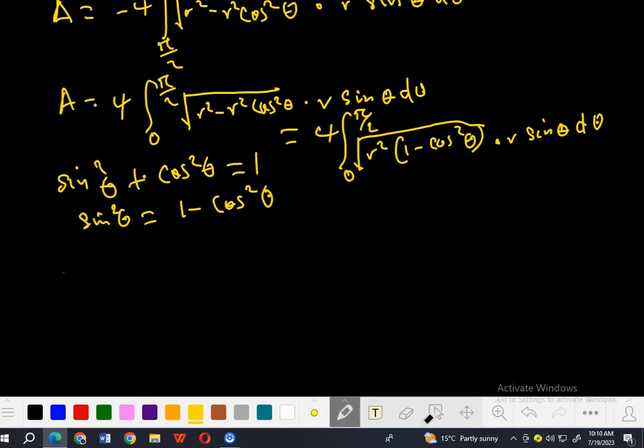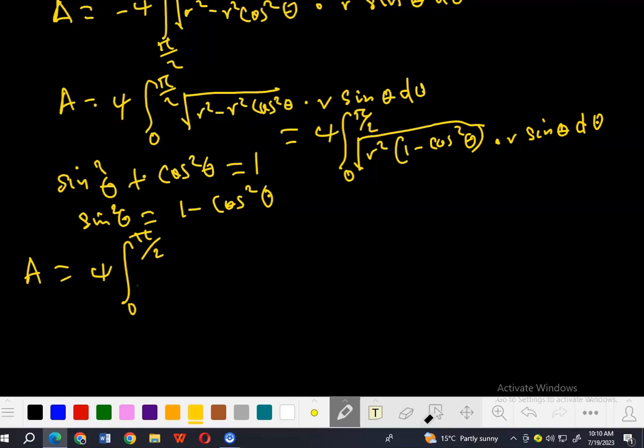So, area now is going to be 4 times the integral from 0 to pi over 2. But now, instead of writing 1 minus cos squared theta, we know that 1 minus cos squared theta equals sine squared theta.